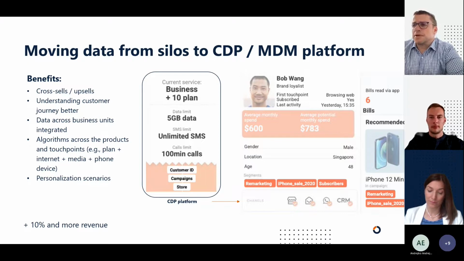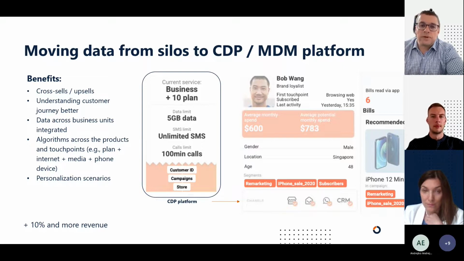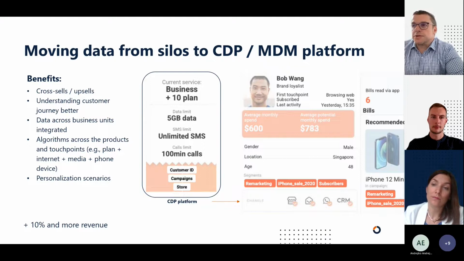It's well known recently that much of the data we know about Bob Wank is even used by third parties, and basically telco companies nowadays sell our data to other vendors.